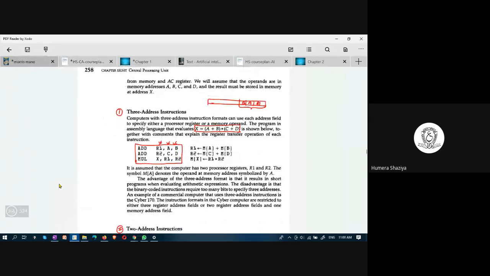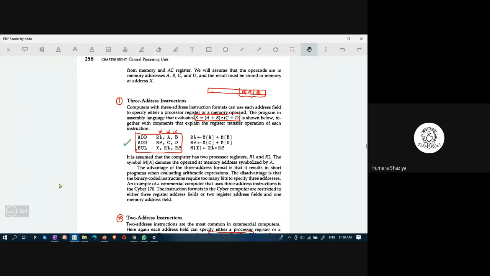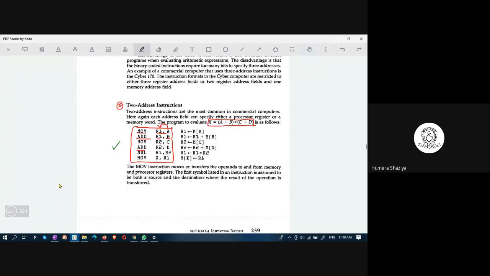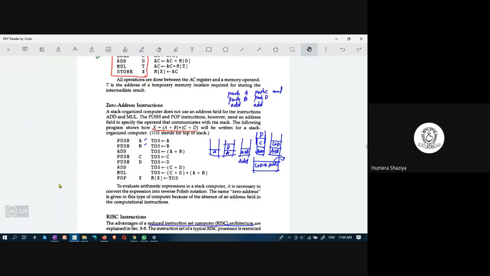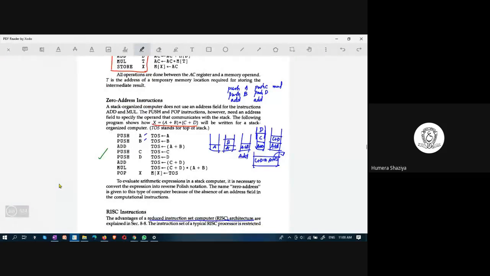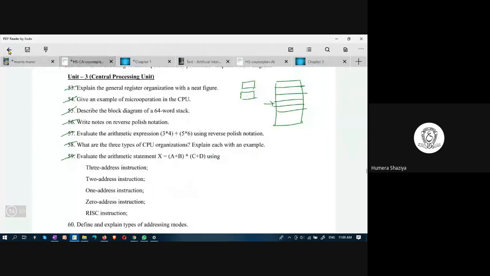Take this statement, X equals A plus B into C plus D. For this statement, you have to write this 3 address instruction, then this 2 address instruction for the same statement, followed by this 1 address instruction, 0 address instruction, and RISC instruction for the same statement.